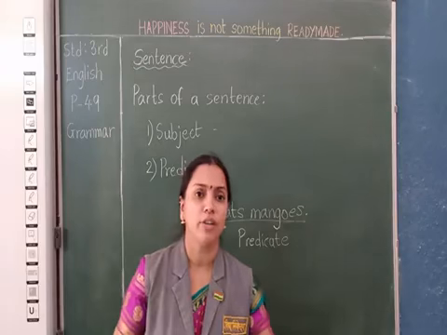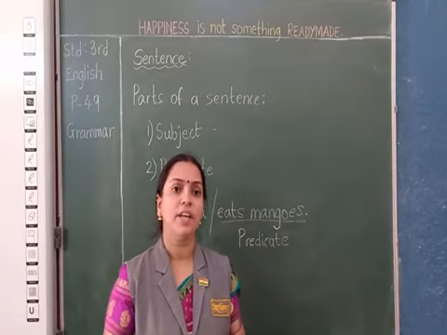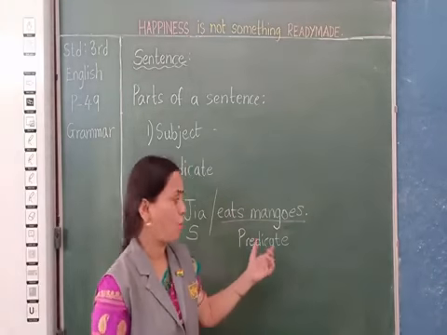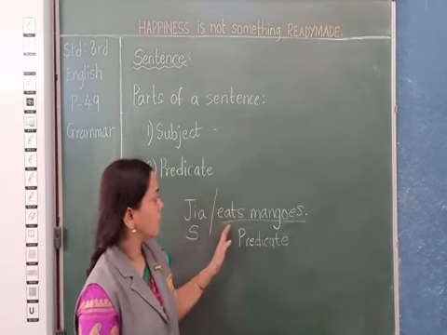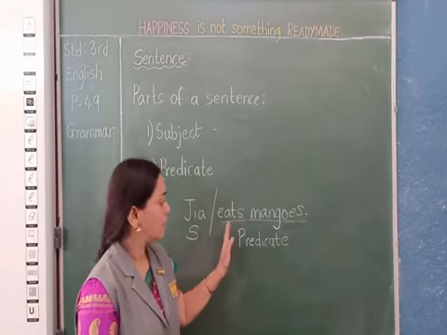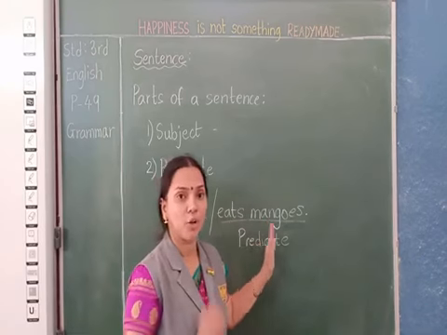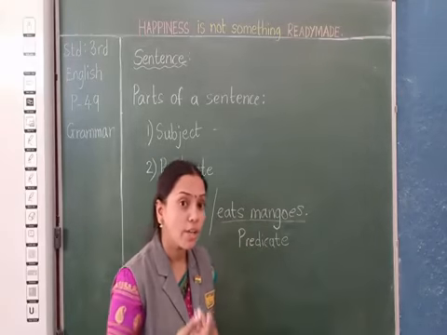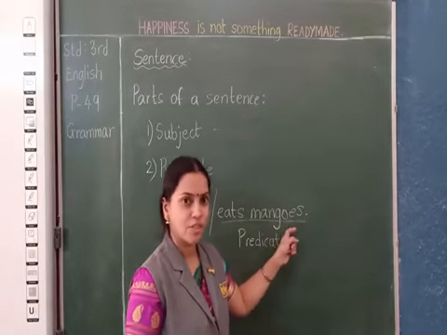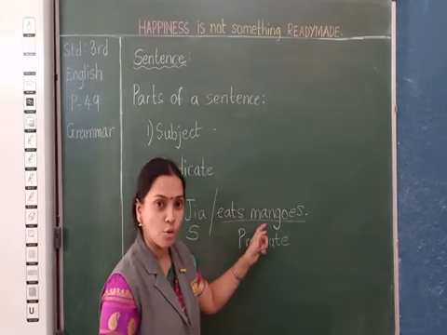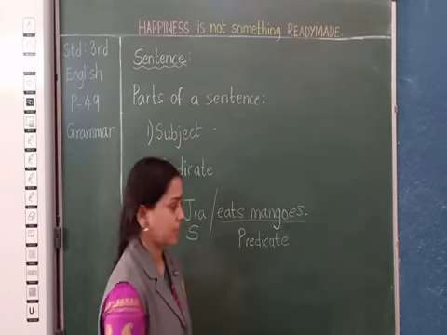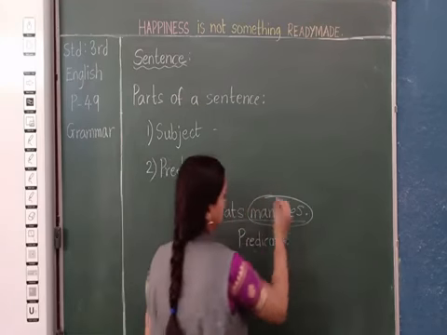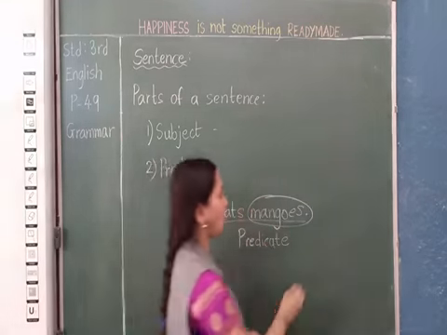It is not always necessary that every sentence will have an object. Now, what is object? Here, the action of eating is done on mangoes, isn't it? So, Jia eats what? Mangoes. So, here mangoes is the object. Let us circle mangoes.